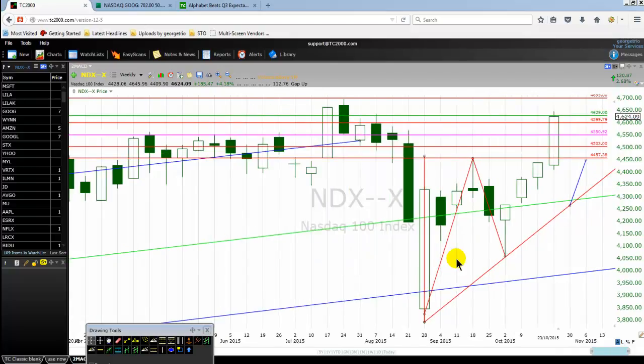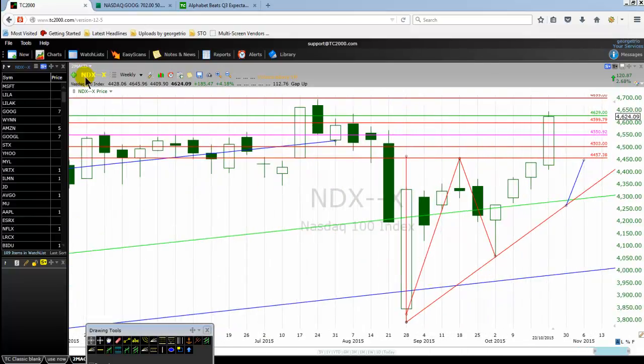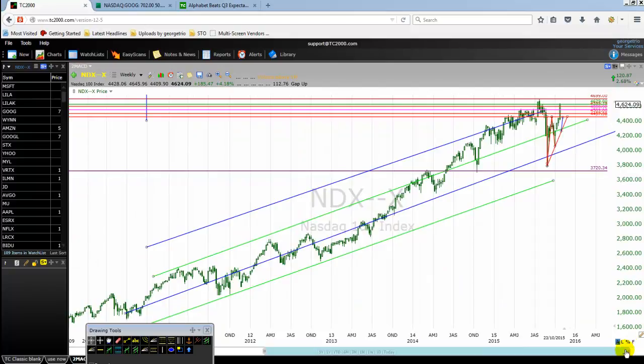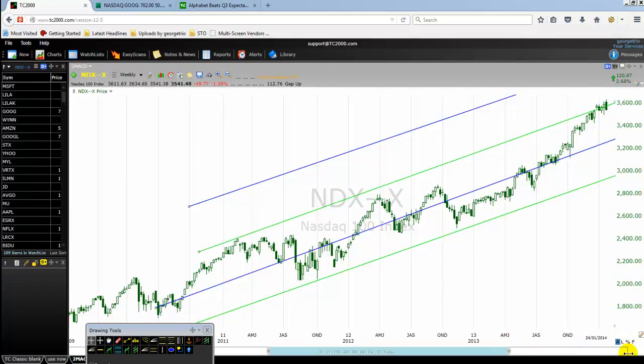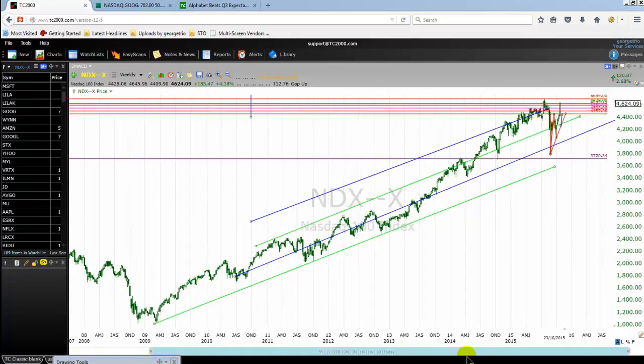Recently, on the weekly chart for the NASDAQ 100, we have seen a triangle, which is a corrective wave.